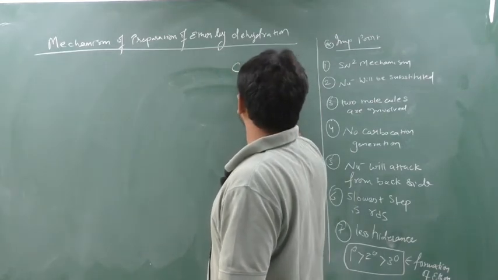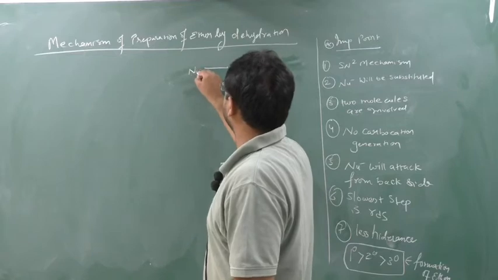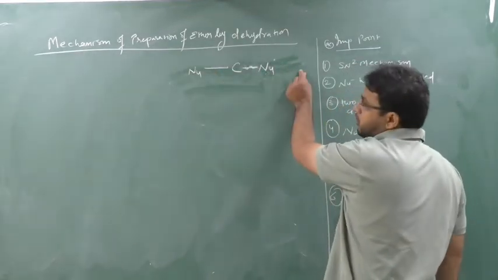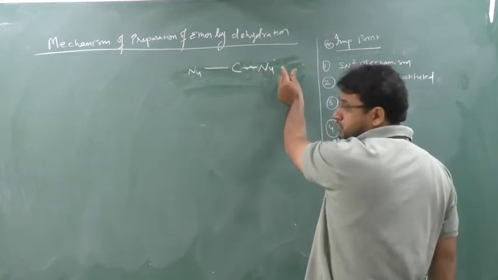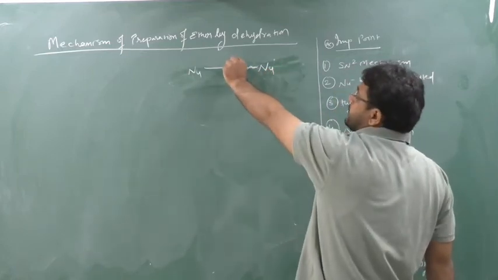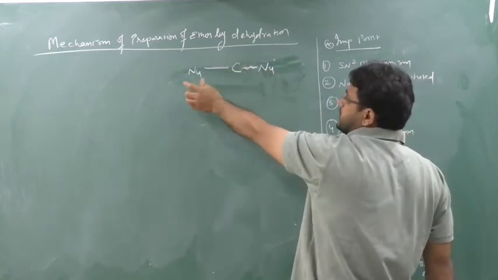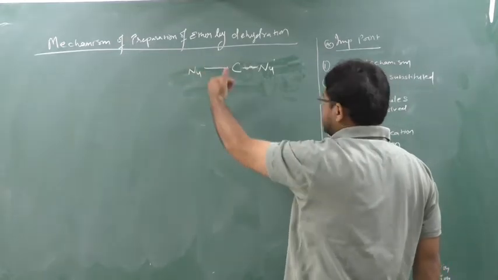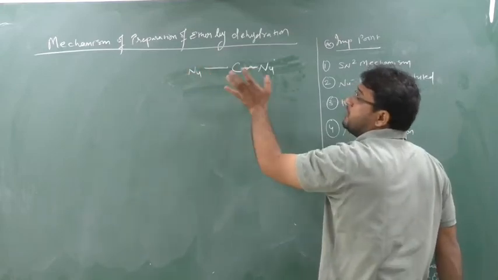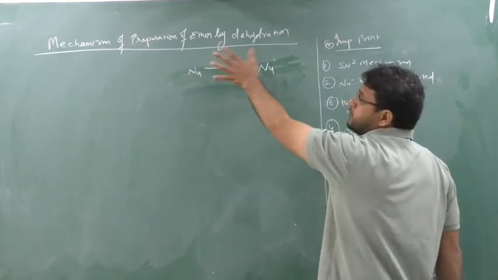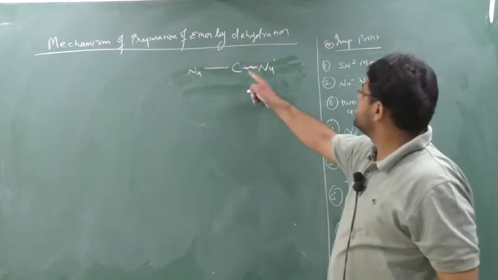As this group wants to go, the nucleophile comes from the backside. As the group goes, the positive charge starts to develop here. So the upcoming nucleophile, which attacks from the backside, will not allow the positive charge to generate. As soon as this goes, this comes.